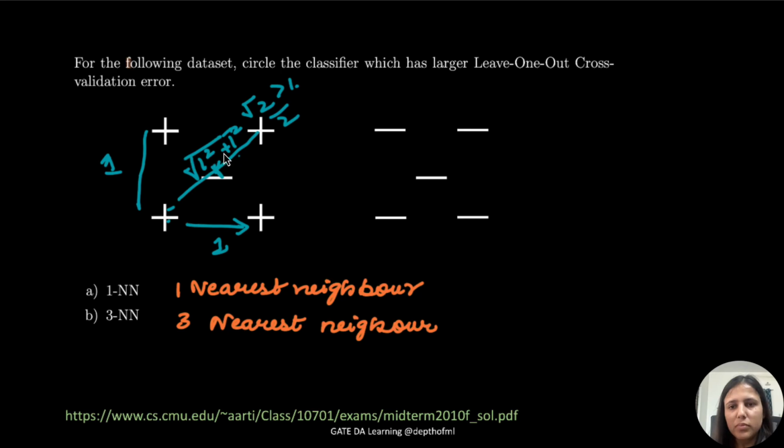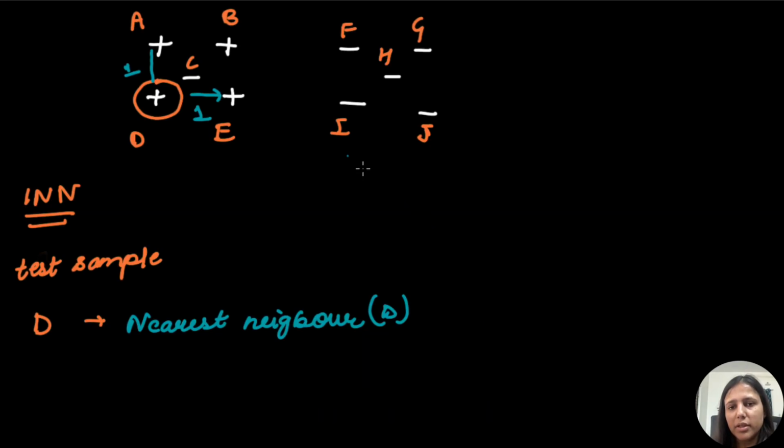Okay, so for the D sample, the nearest point will be C. Nearest neighbor of D is equal to C, right?